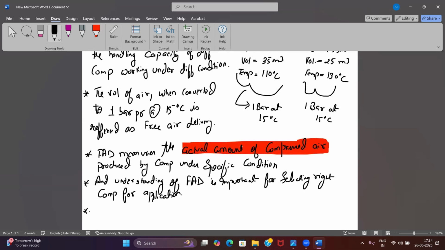Also, FAD provides a more realistic indication of compressor performance.